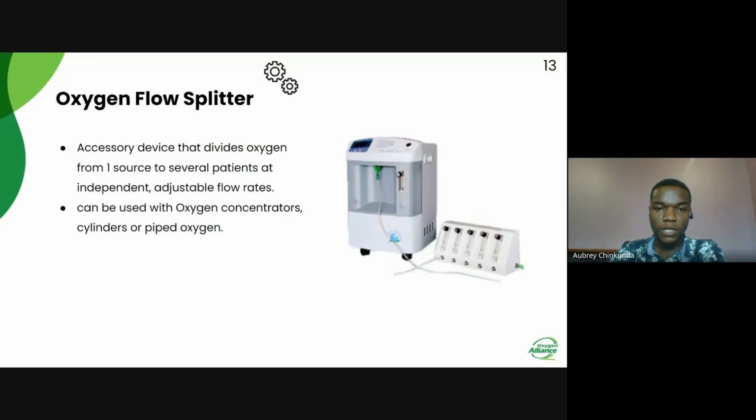So let's just take a look at the picture that is in the slide. You have a splitter that has 5 flow meters. So let's just assume 3 flow meters are closed and 2 are open, and both of these open flow meters are open to a maximum of 1 liter per minute. So that means the total of the required flow would be 2 liters per minute. So we are just adding the 2.